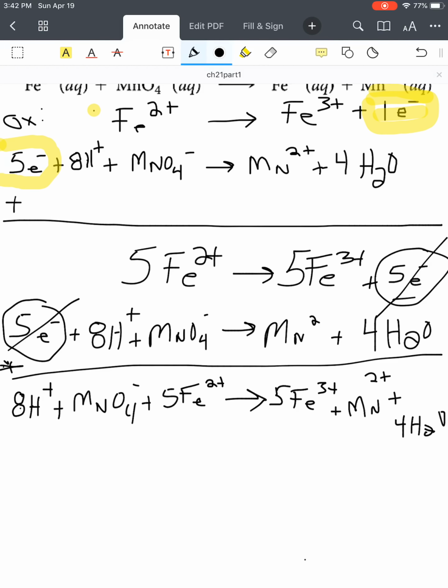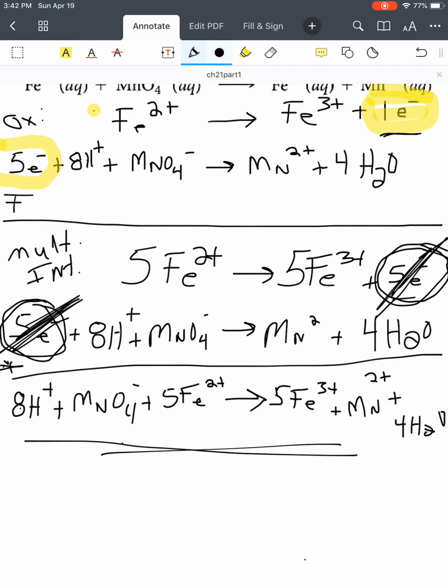Here it was 5, such that the number of electrons produced by the oxidation are the same as the number of electrons required for the reduction. When we did that, we could cancel out the electrons we make and use. There's no net change in the number of electrons. In other words, we produce what we use, and then we come up with the overall balanced chemical reaction.